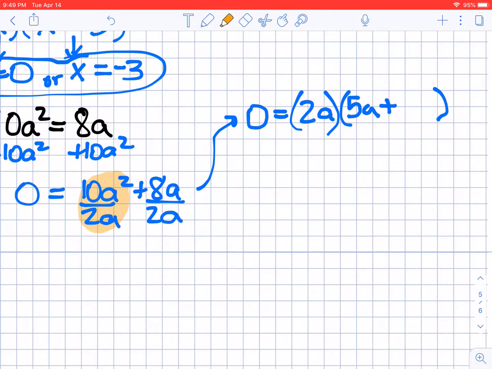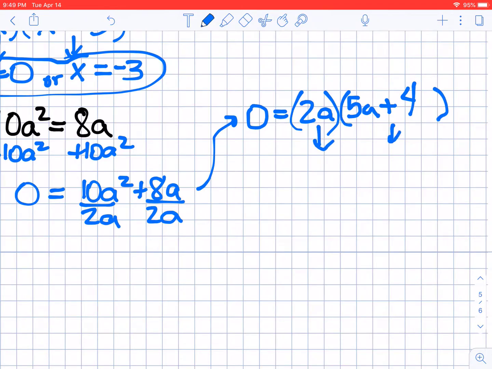And likewise, looking at 8a divided by 2a gives me a 4, and notice the a's cancel. Okay.